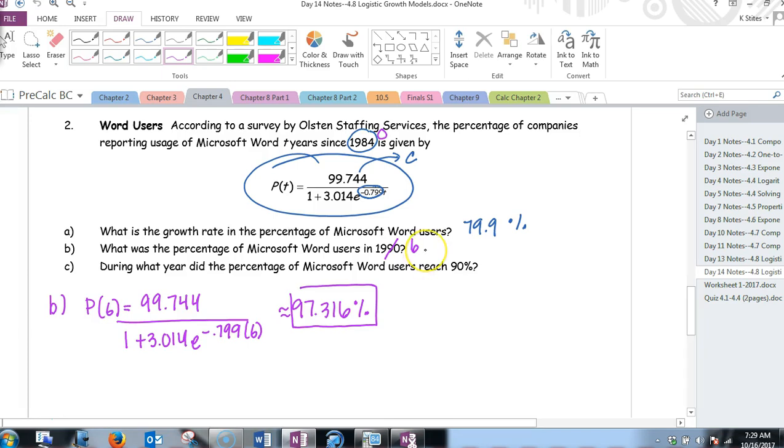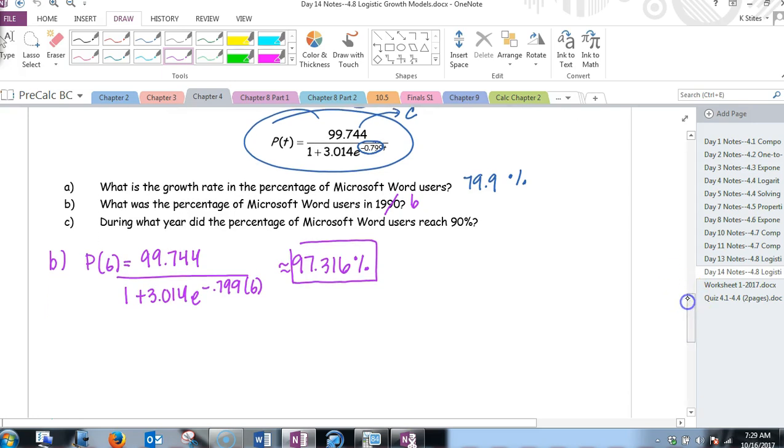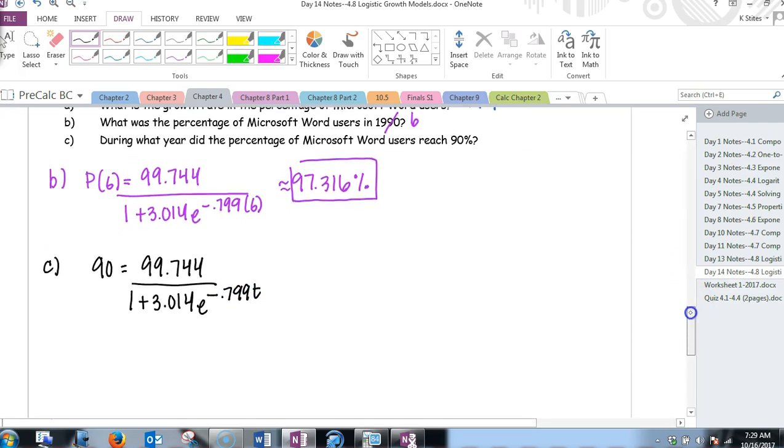During what year did the percentage of Microsoft Word users reach 90%? Okay, so 90 will go in place of P of T. And same situation as on the front.